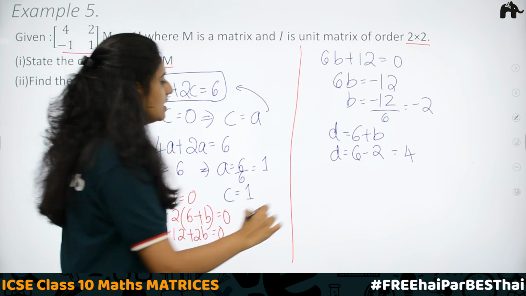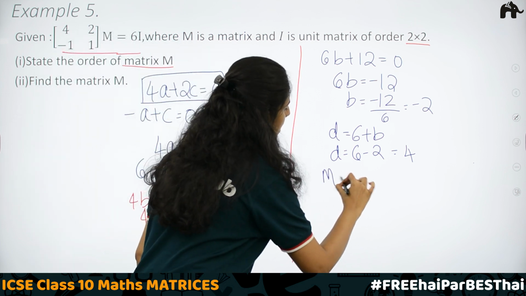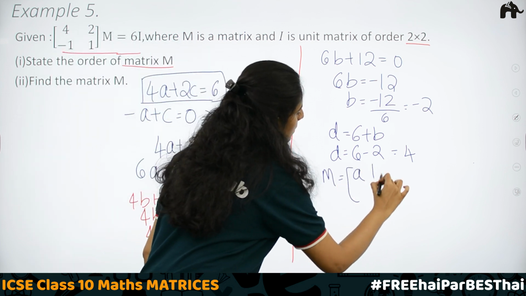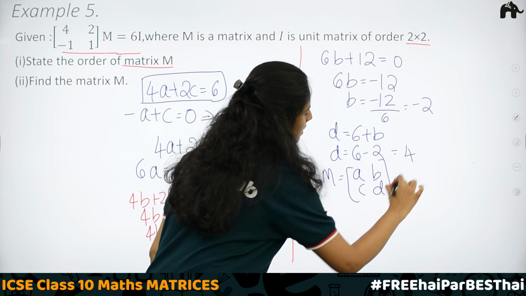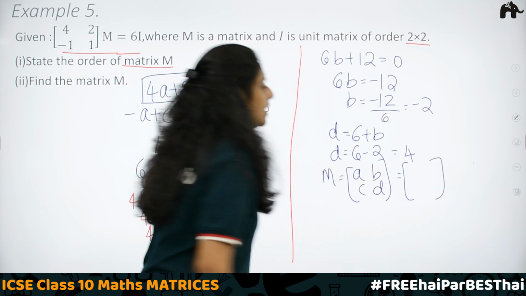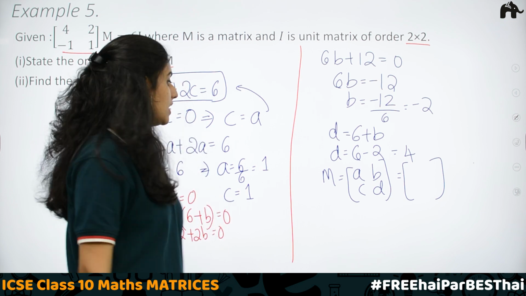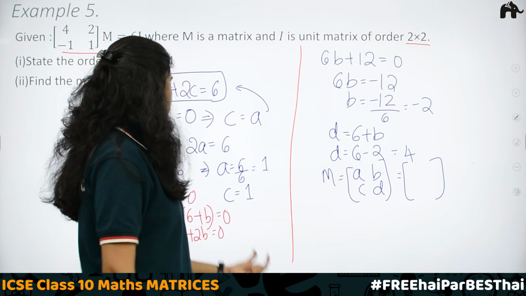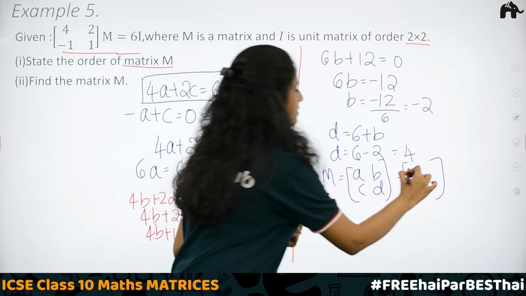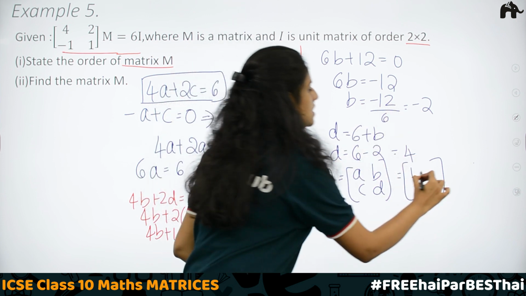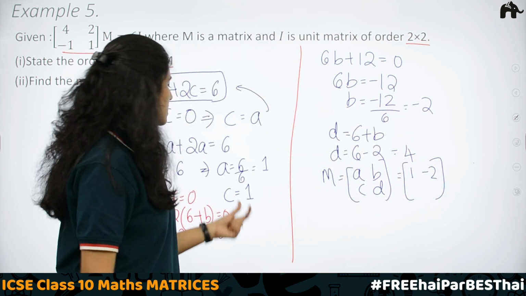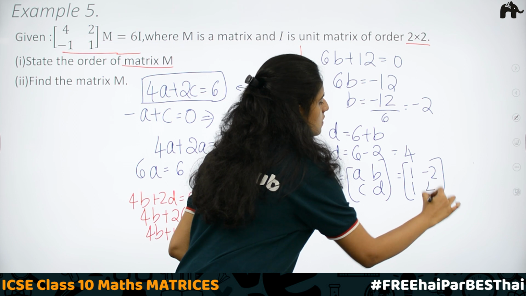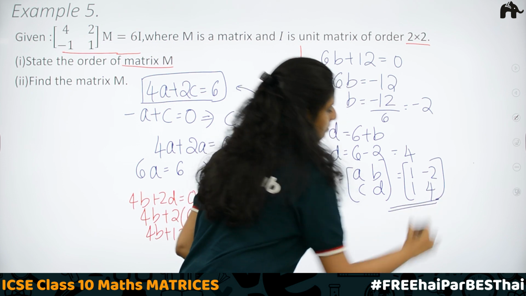Here we have a is equal to 1. We had matrix M is equal to a, b, c, d. Substituting the values of a, b, c and d, we get the matrix elements of M. A is 1, b is minus 2, c is 1 and d is 4. This is the required matrix M.